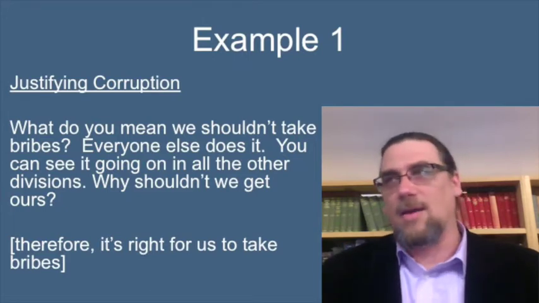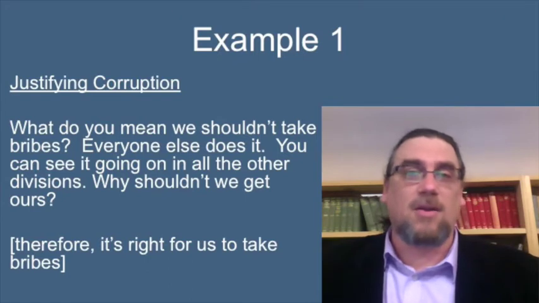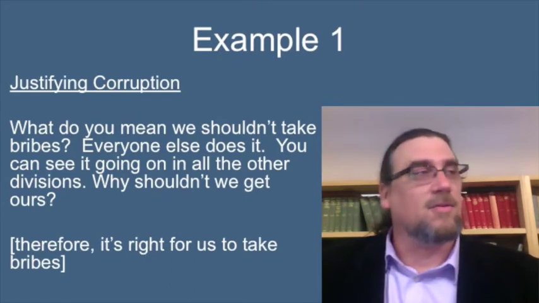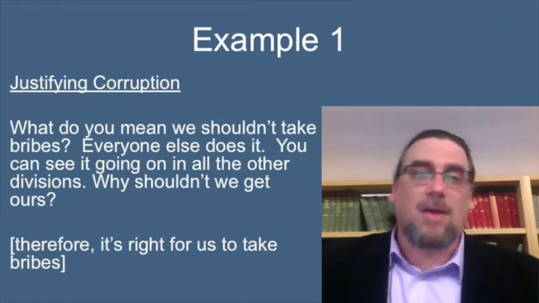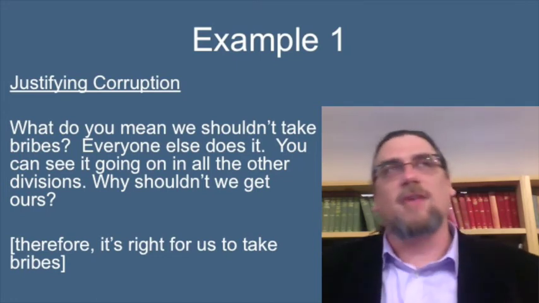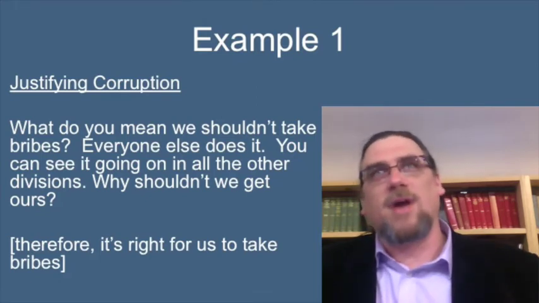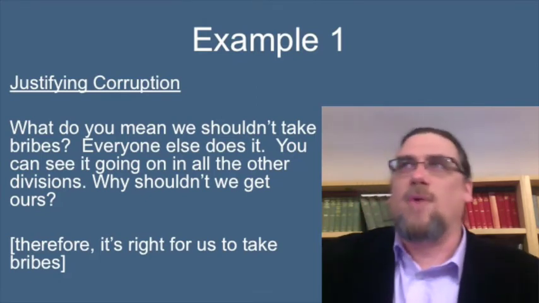It's saying that in all these other contexts, other people are engaging in this practice, therefore the practice is the right practice. But it's not a right practice. And you might say, well, what about countries where it's the expectation and, in order to get business done, you have to give bribes.